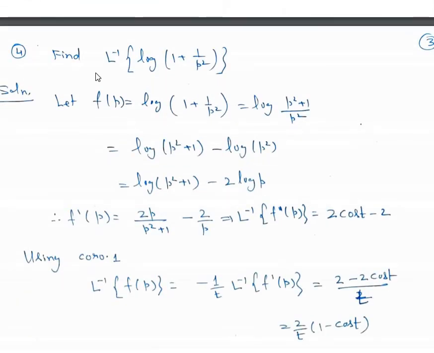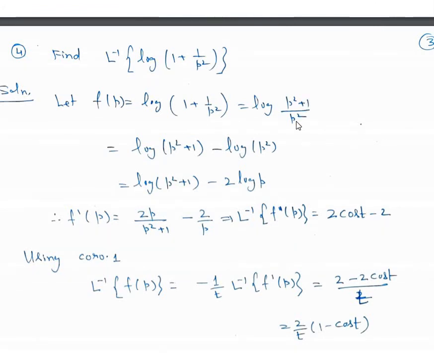find L inverse of log of 1 plus 1 upon p square. This is similar to the first example we have done before. So suppose that f of p is this one, log of 1 plus 1 upon p square, which can be written as log of (p square plus 1) upon p square.